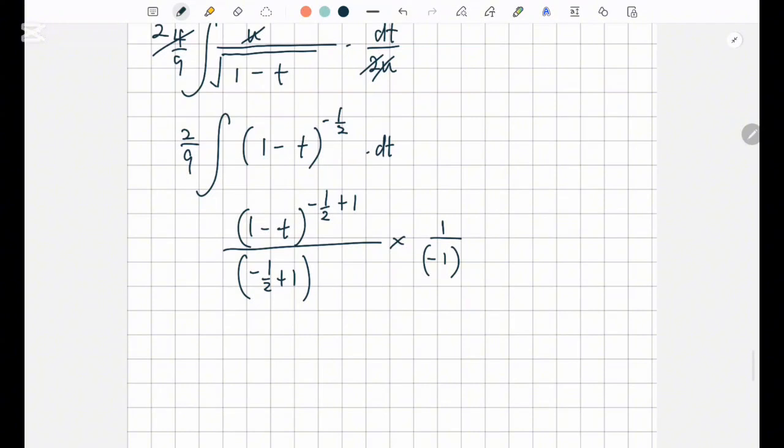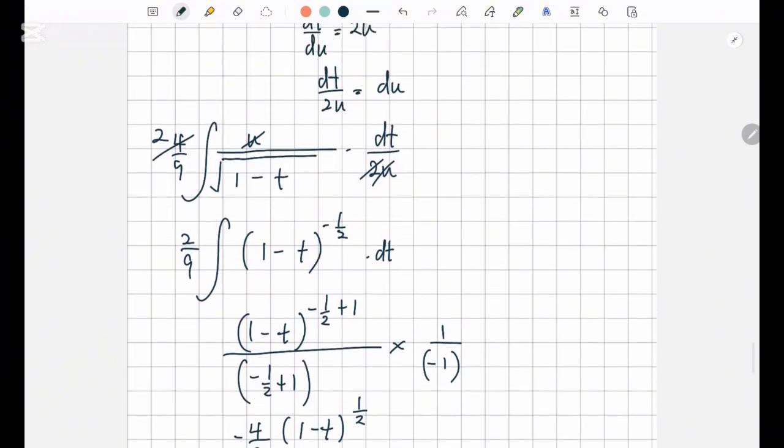So we have negative 2 over 9 into 1 minus t in brackets to the power half over 1 over 2. And so 1 over 2 when it comes up, basically this is going to be 4 over 9. So negative 4 over 9.